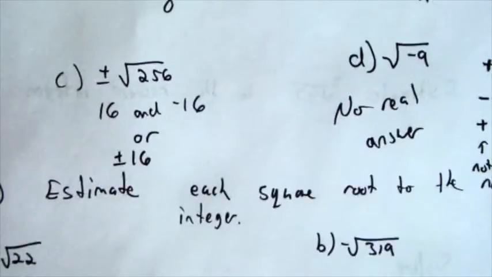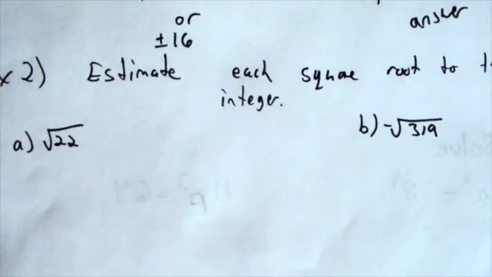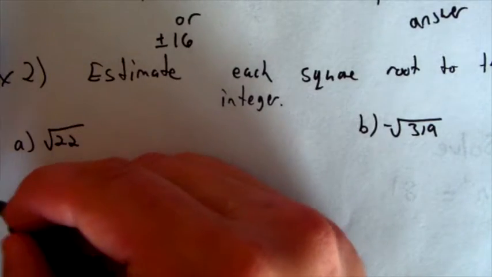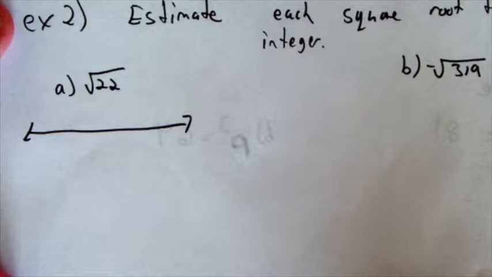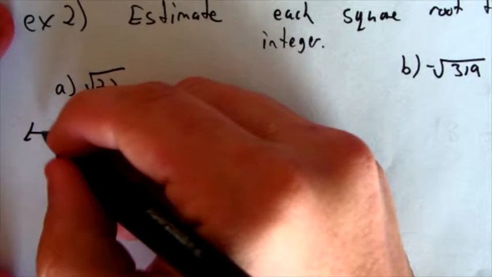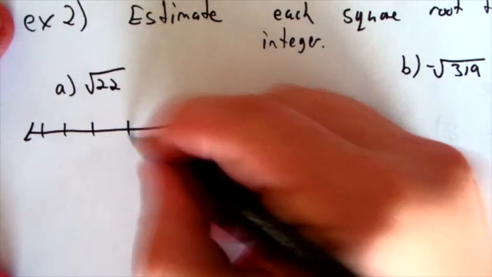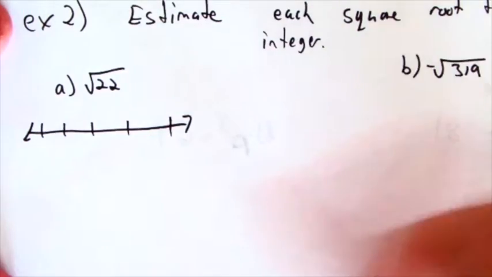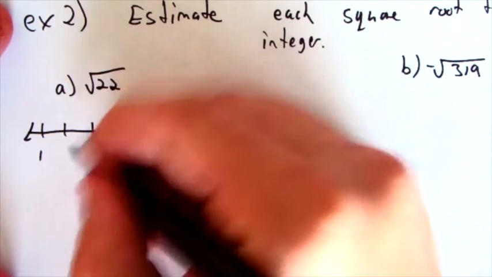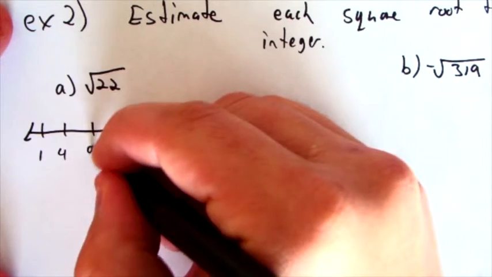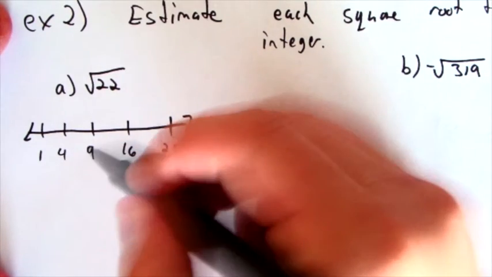So example 2, it says to estimate each square root to the nearest integer. One way that we can look at it is by making a number line. If I use my perfect squares, I would know that it's 1, 4, 9, 16, 25. That's all I have to do because I'm looking between 16 and 25. These are not to scale.